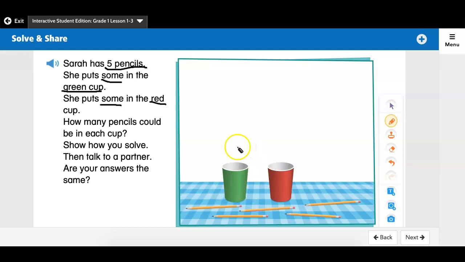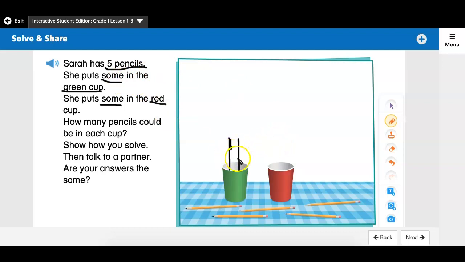So one way I could do it, so it says Sarah puts some in the green cup. So I'll use my pen over here. Okay, so I'll draw 1, 2, because remember it just says some, it doesn't say how many, but I know there's a total of 5.